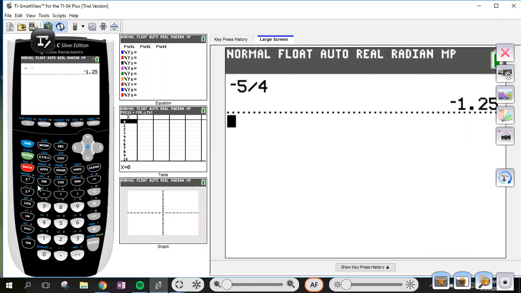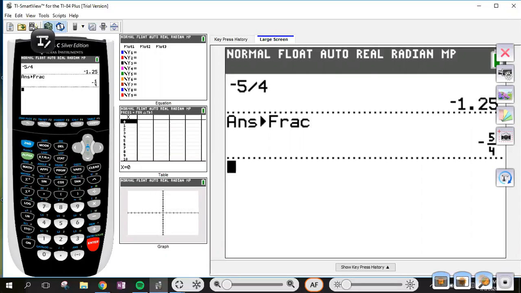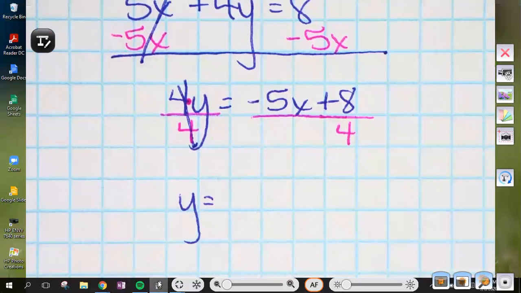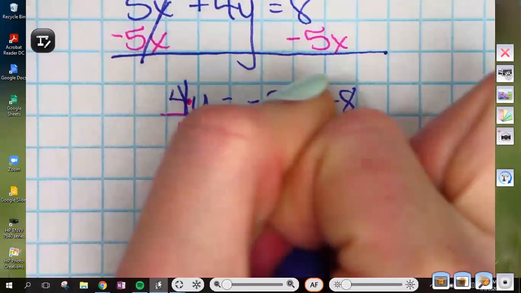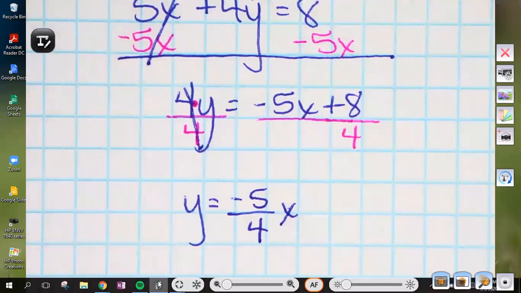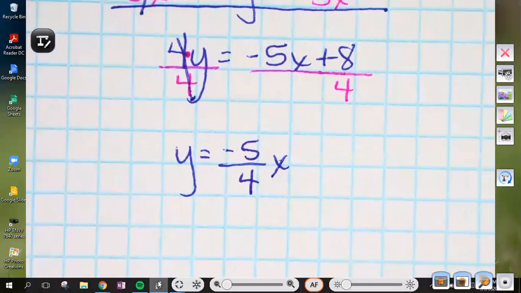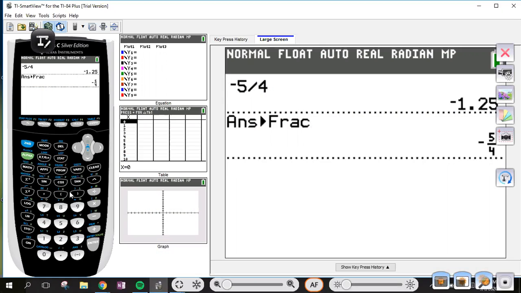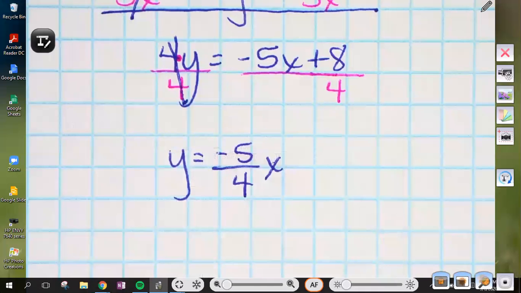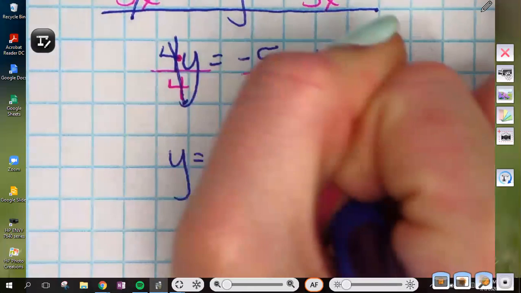No. I go to math, enter, enter, and I get -5/4. So I'm going to just bring that down, -5/4, bring down my x. And then I have 8 divided by 4, which is 2. So I'm left with a +2.